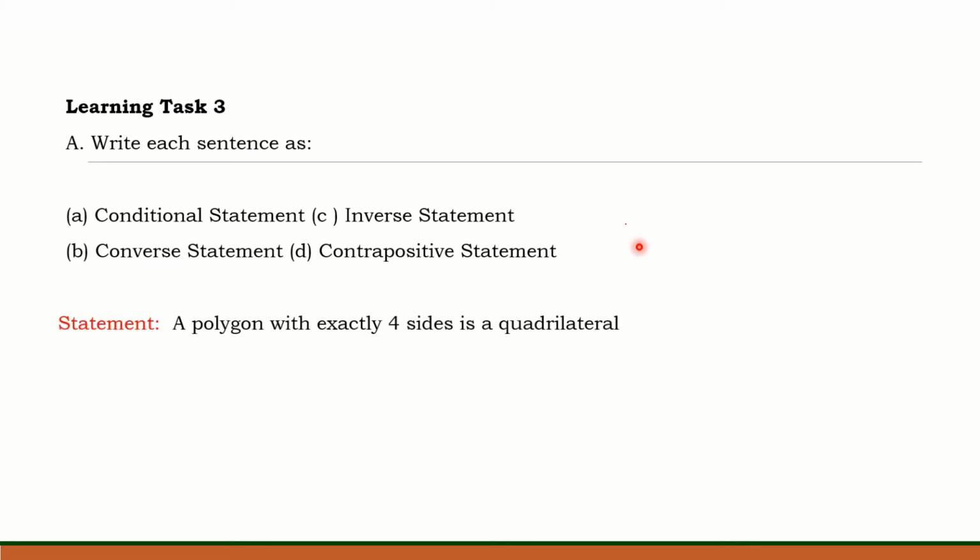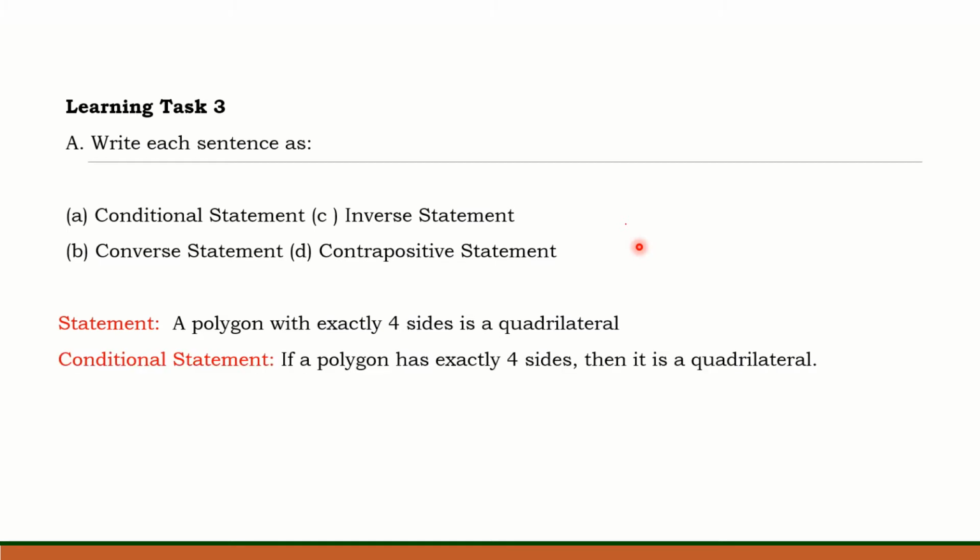So say for example, you are given a statement: a polygon with exactly four sides is a quadrilateral. So for the conditional statement, of course, you're just going to put if and then. So if a polygon has exactly four sides, then it is a quadrilateral.